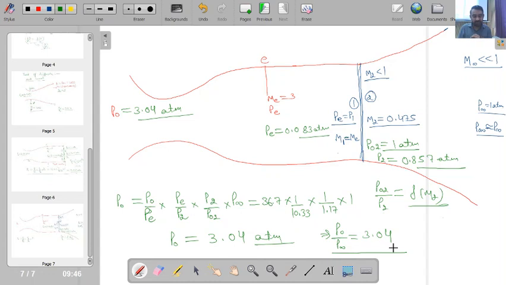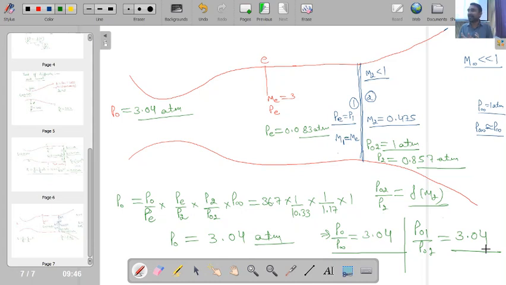One interesting observation is over here. If you calculate the stagnation pressure ratio across the normal shock wave for this situation, you will find that the stagnation pressure ratio P naught 1 by P naught 2 for this normal shock wave is also equal to 3.04.